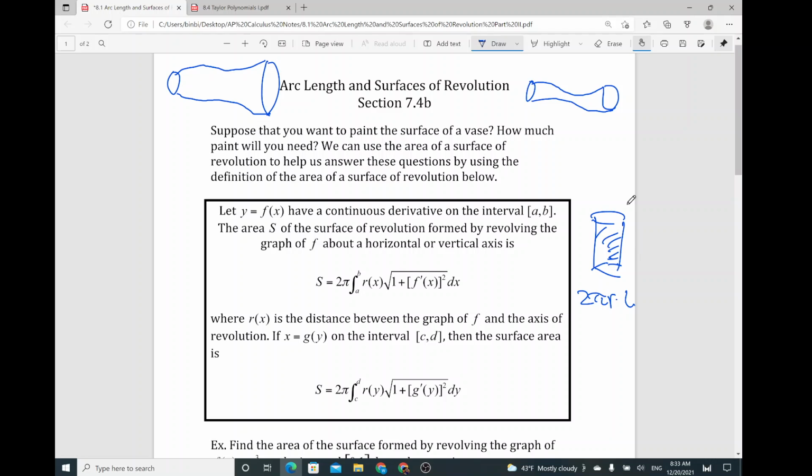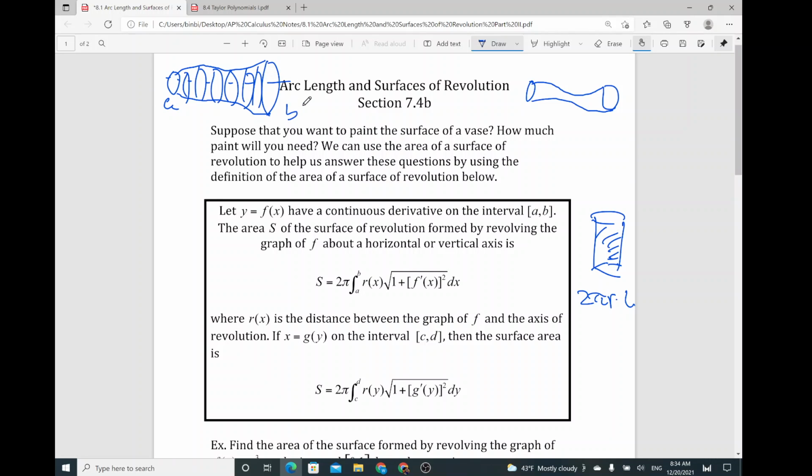Imagine that if that's a vase, the cross sections are just like a bunch of discs, circles. So in order to find the surface area, we need to generate 2 pi r, which is the circumference of the circle, times the arc length. Once we multiply all those things together, we generate that from a to b.